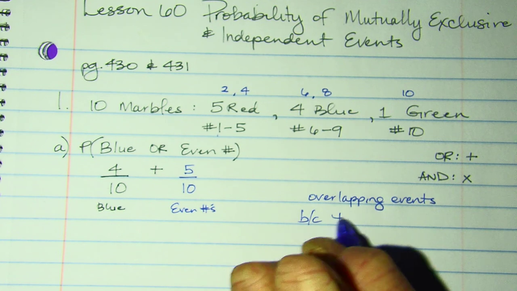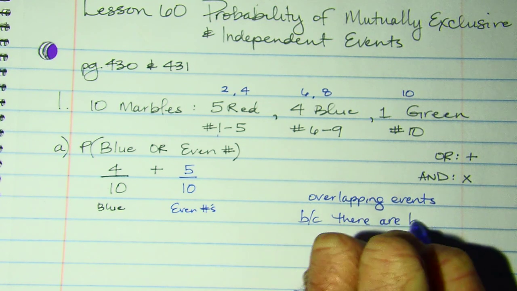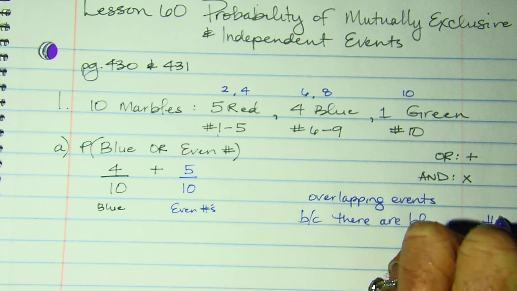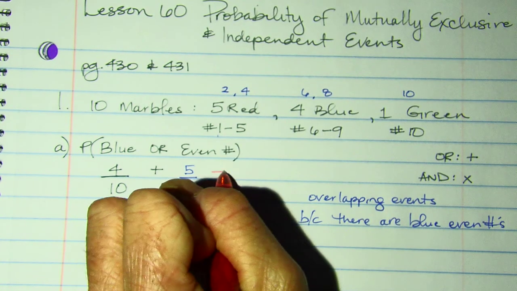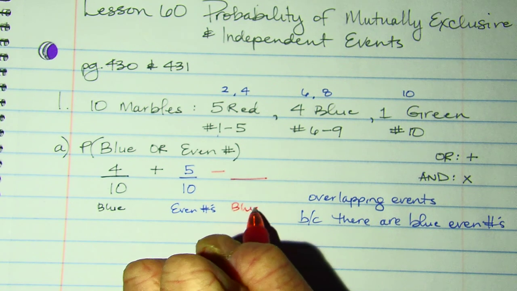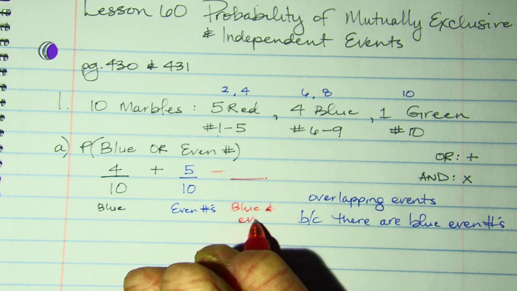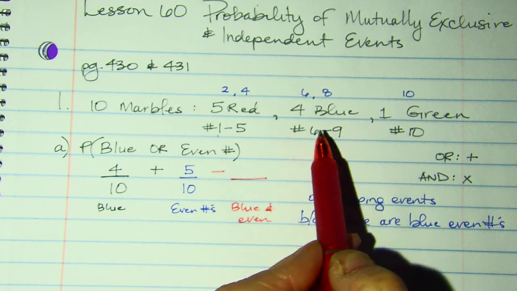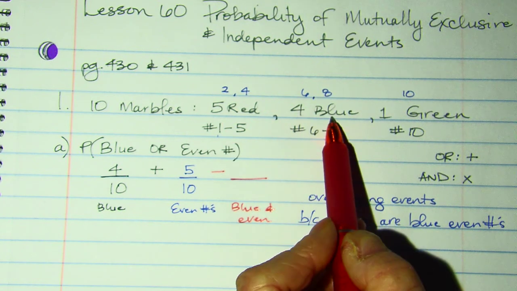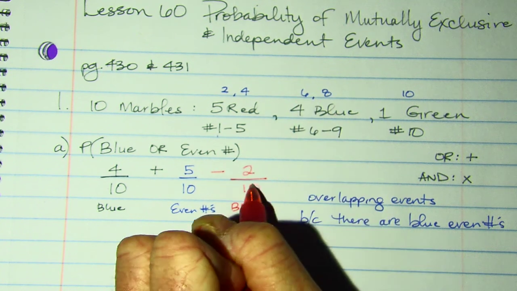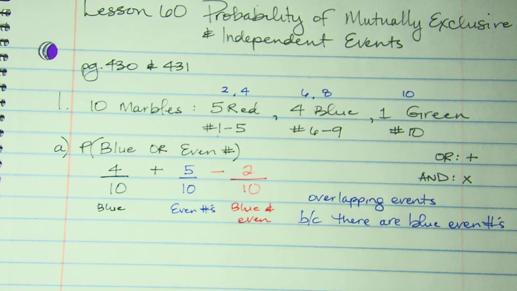So I have to subtract the number of marbles that are both blue and even. And I wrote them up here. 6 is blue and it's also even. And 8 is blue and also even. So there are 2 out of the 10 marbles that are both blue and even.